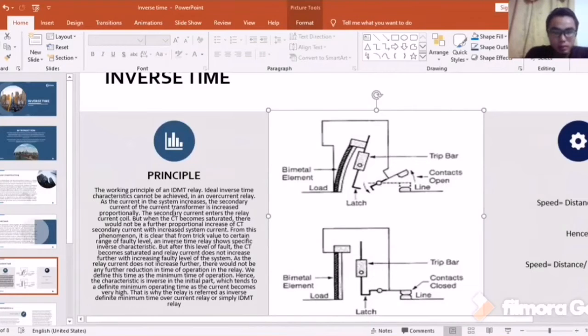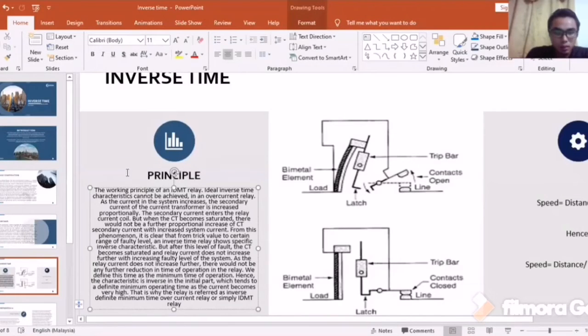As the current in the system increases, the secondary current of the current transformer increases proportionally. The secondary current goes into the relay current coil, but when the CT becomes saturated, there will not be further proportional increase of the CT secondary current with the system current, because of this phenomenon.